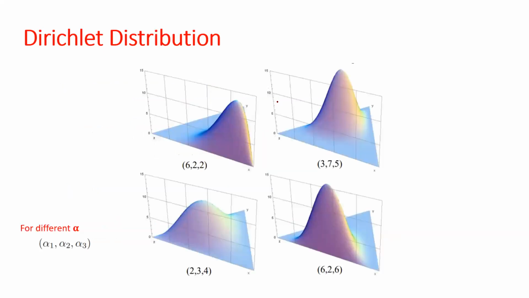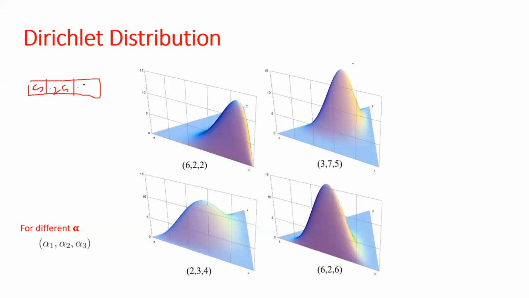Just to see intuitively what the Dirichlet distribution is: assume that you have a 3-dimension vector, and it is nothing but a distribution. How can it be a distribution? For example, the first dimension is 0.5, the second dimension is 0.25, and the third dimension is also 0.25.